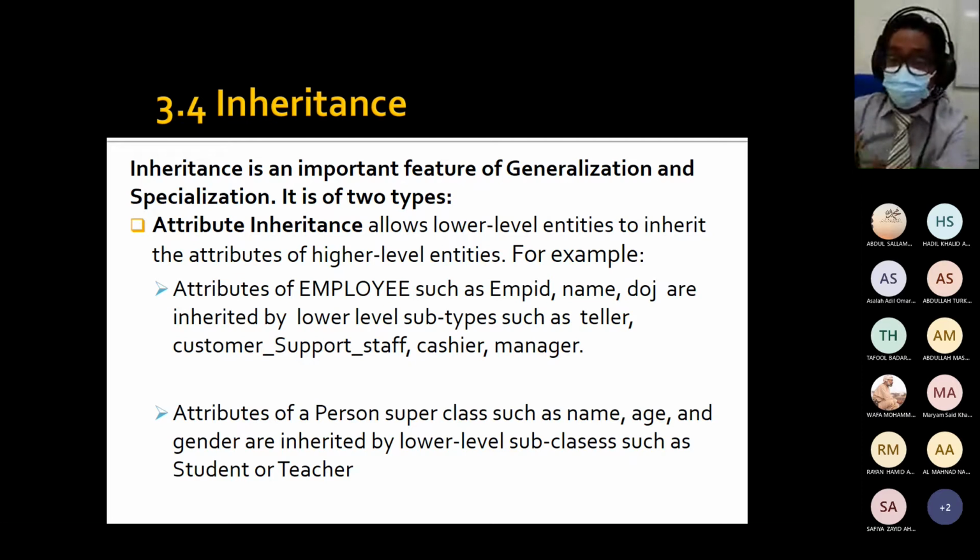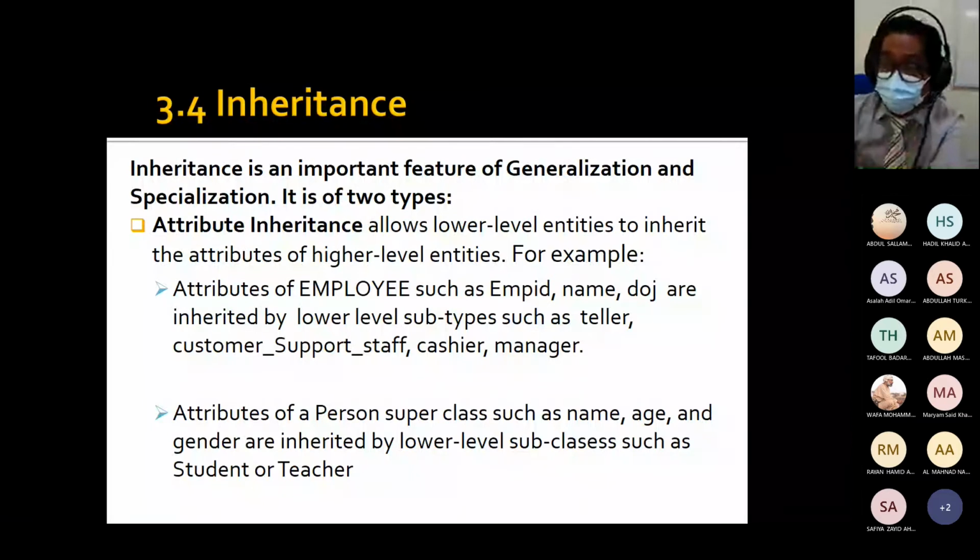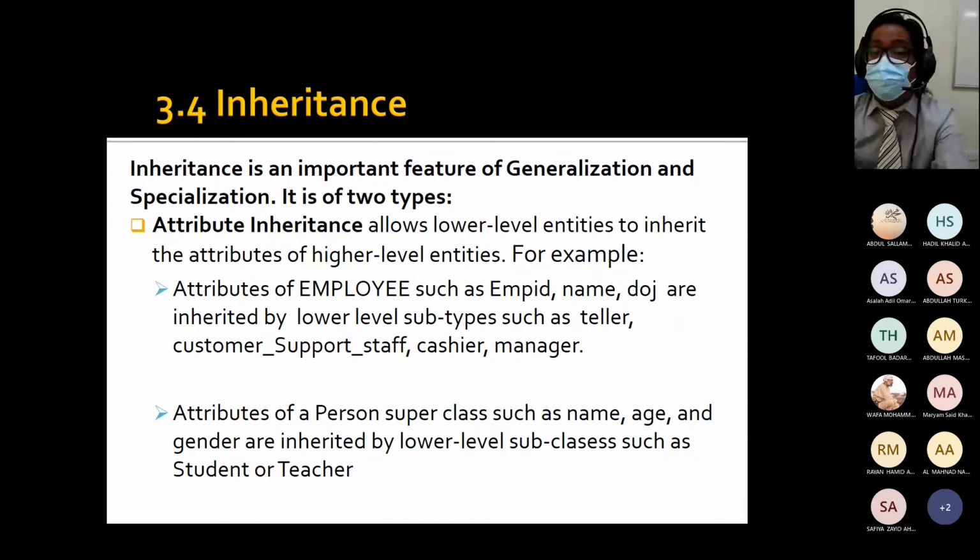But at the end of the day, they are applying this kind of terminology. This property of inheritance is very important when it comes to generalization and specialization. I'm not saying that we are working with syntaxes or programming here.